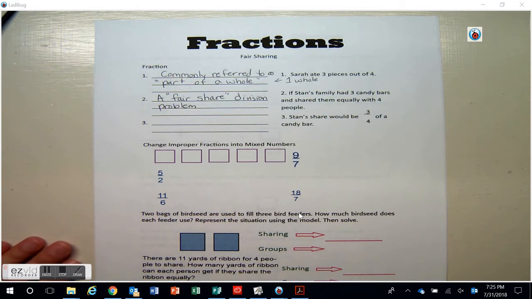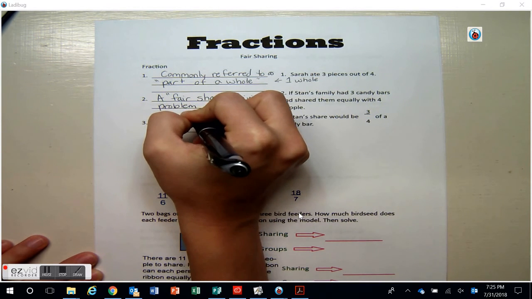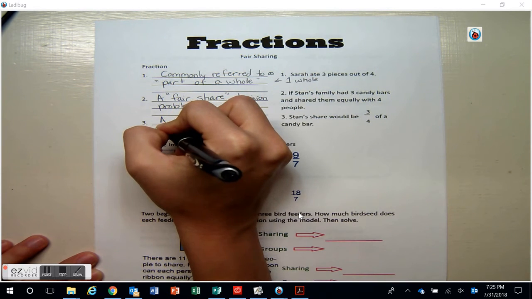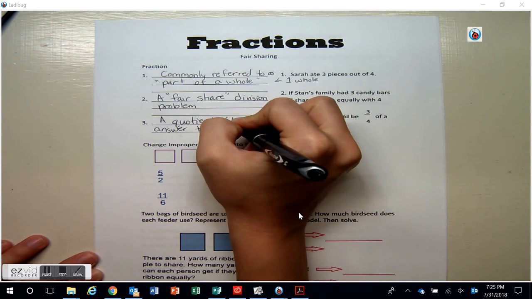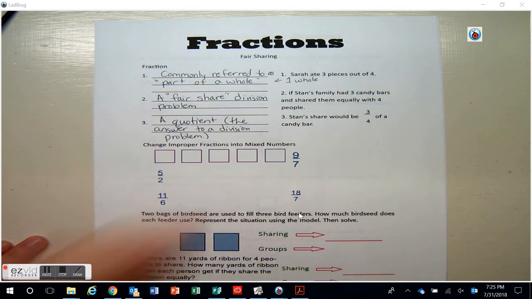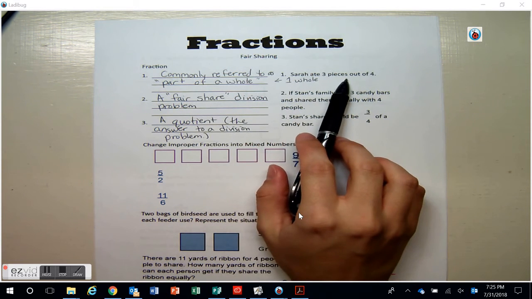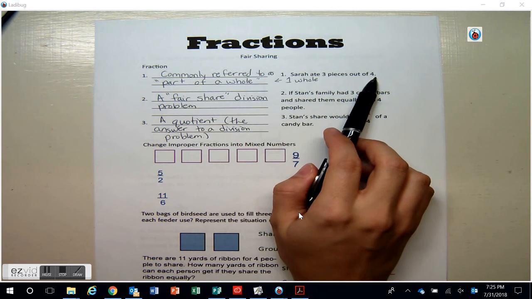Well, what are we sharing? What division are we doing? Well, I'm taking that 1 brownie and I'm dividing that 1 brownie into 2 groups.